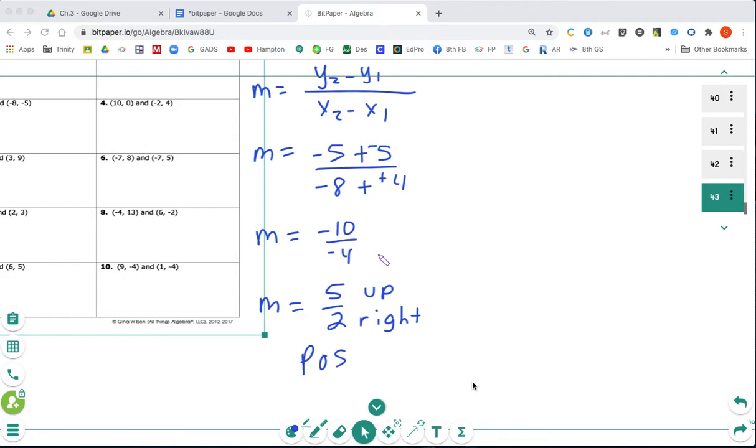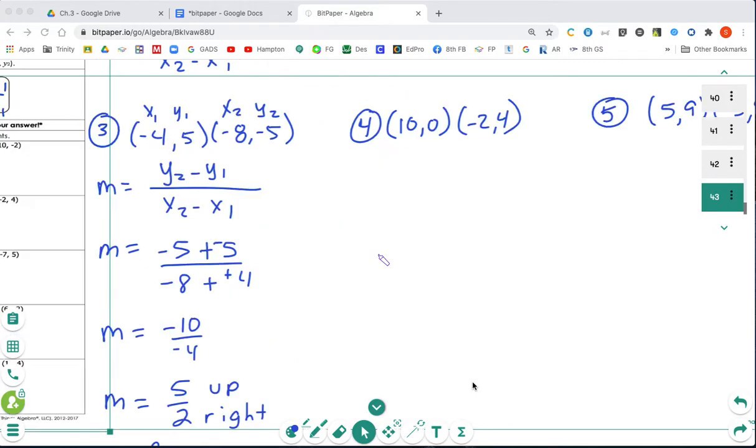All right, let's go to our next one. Number 4. First thing we're going to do is label our ordered pairs. x1, y1, x2, y2. Write our formula. M equals y2 minus y1 over x2 minus x1.